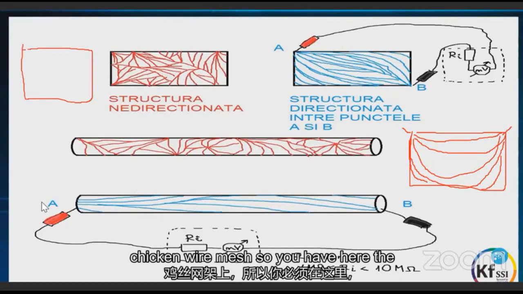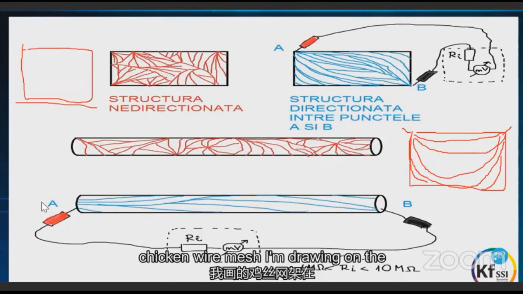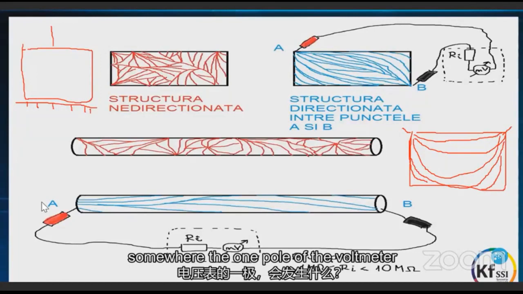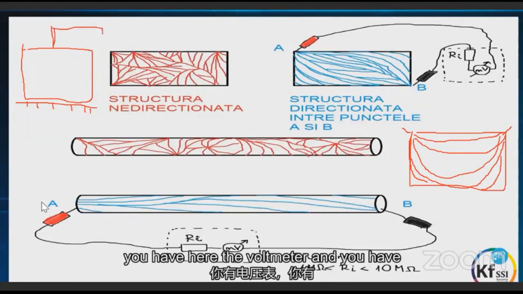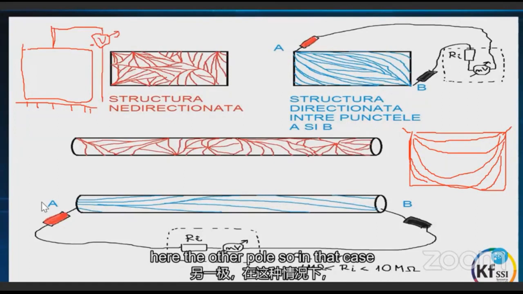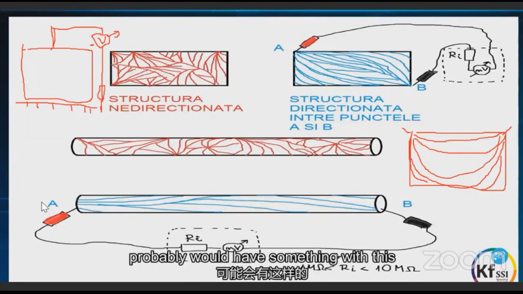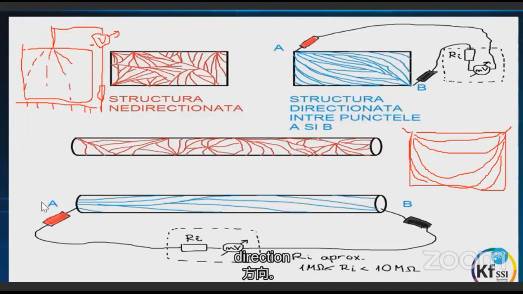So you have here the chicken wire mesh. I'm drawing on the left side. And if you apply the one pole of the voltmeter somewhere here, and the other pole here, in that case probably you will have something with this direction.